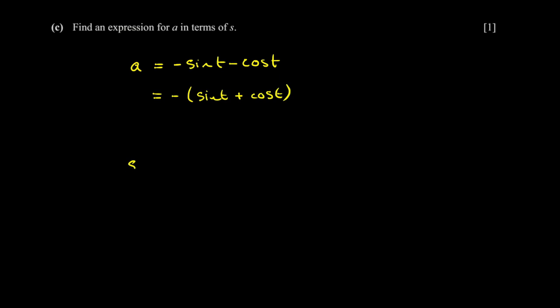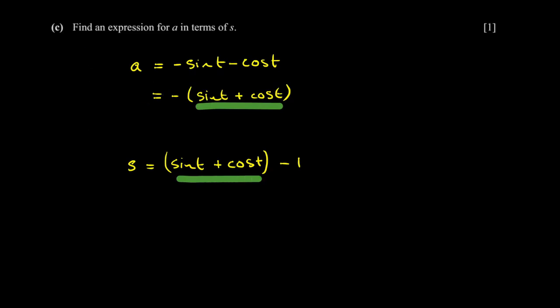And then let's write the expression for the velocity, sorry, not for velocity, for displacement, which was sine t plus cos t minus 1. Well, hang on, wait a second. Those two things are the same, aren't they? Sine t plus cos t and sine t plus cos t.